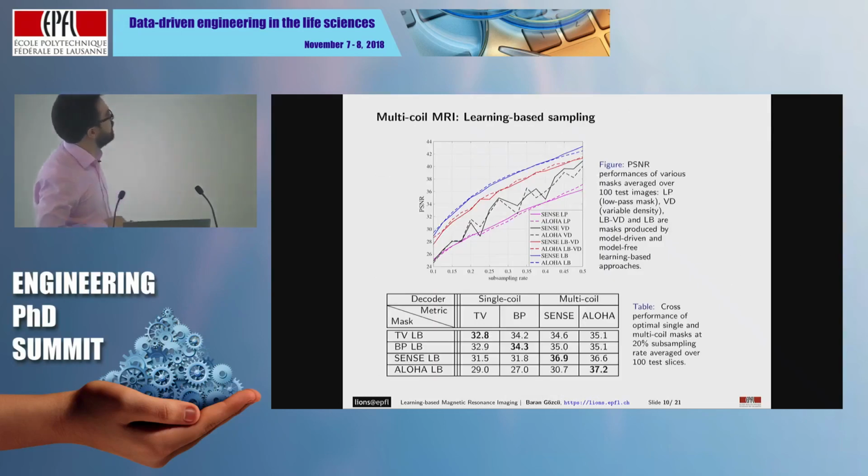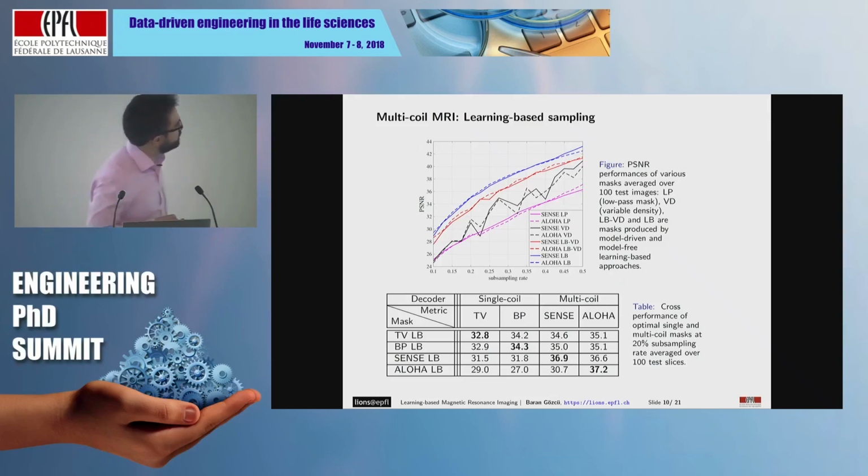Now let's see the performance comparison in this multi-coil setting. The blue ones are learning-based greedy methods, and the red one is a model-based parameter sweep.